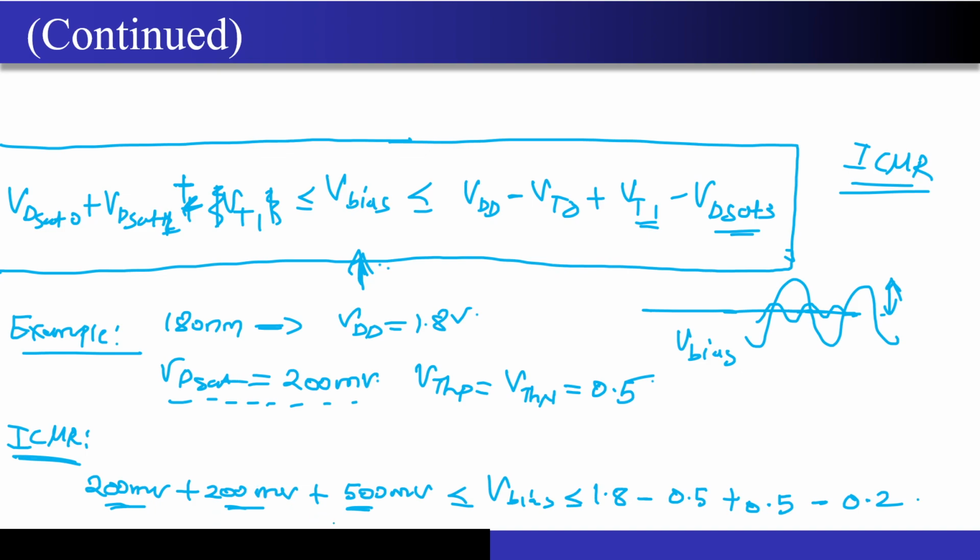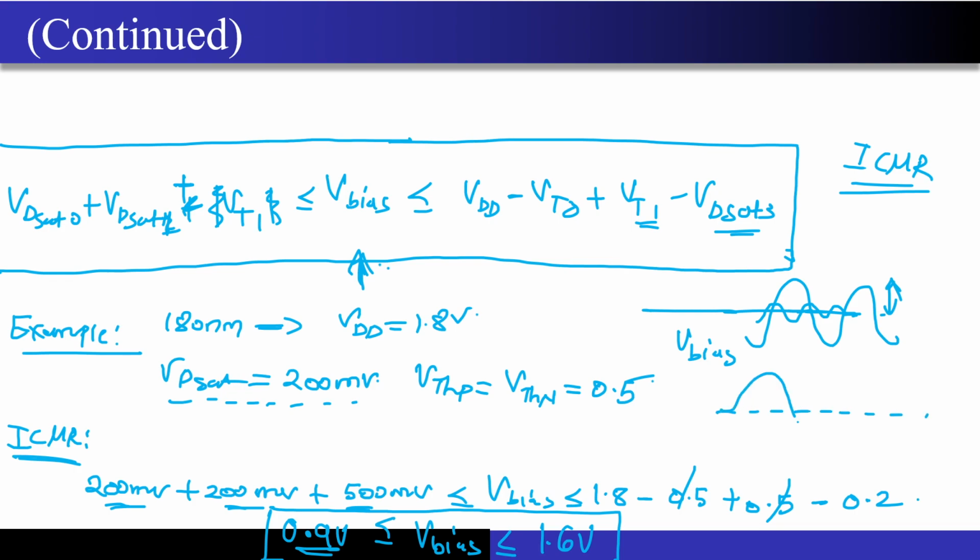What will be the input common mode range? 200 millivolts plus 200 millivolts plus 500 millivolts becomes 0.9 volts. And similarly, the upper bound is around 1.6 volts. So what you are seeing here is the sinusoid that you apply at the input along with the DC level.